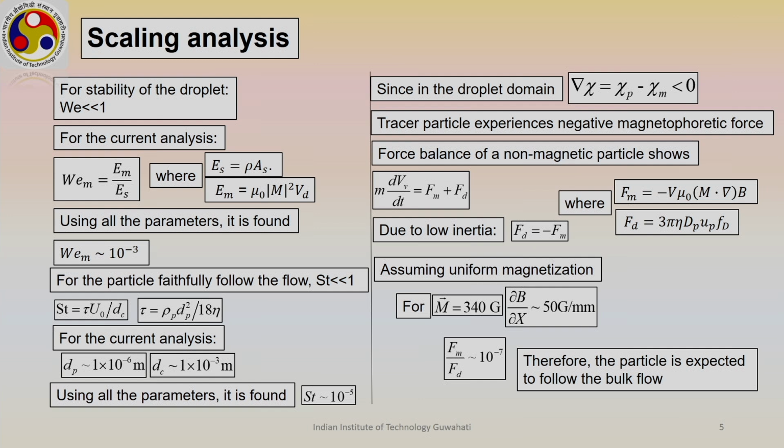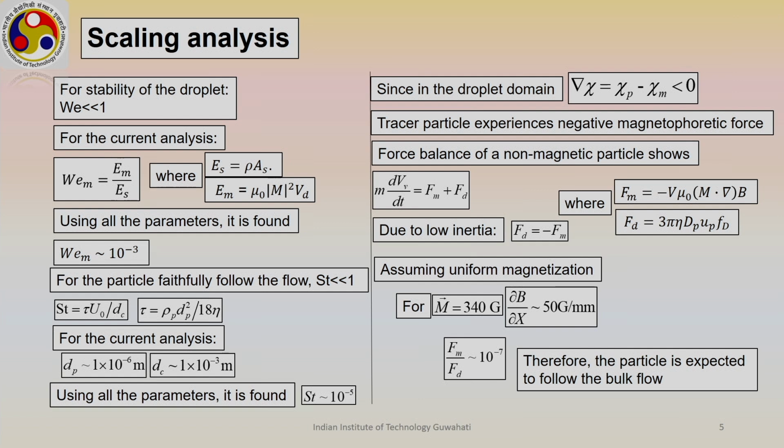Now the droplet domain is tiny, so the particles are moving towards the magnet, and the particles on the other periphery also need to move towards the magnet. So the particle will try to follow the bulk flow, and particles should not have sufficient inertia, otherwise it will be difficult to maintain the flow field.